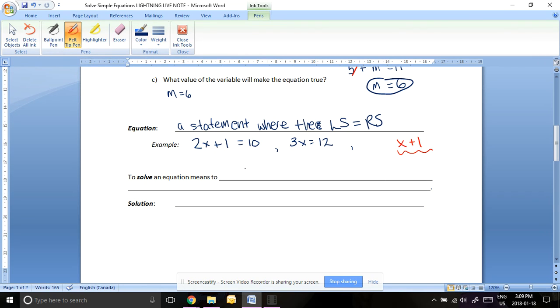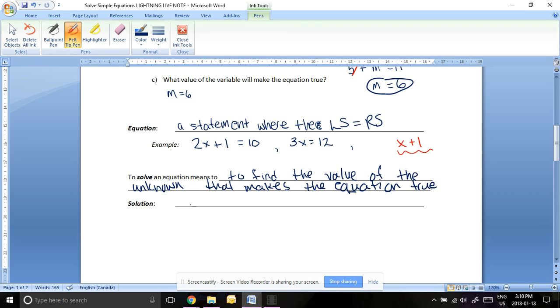To solve an equation means to find the value of the unknown that makes the equation true. What this means is that you have to find the value of the unknown that will make it actually equal, left side equals right side.